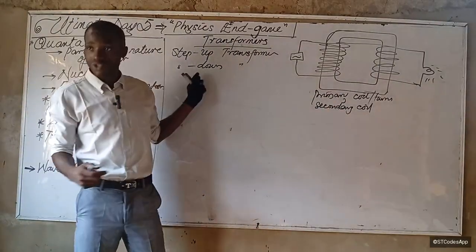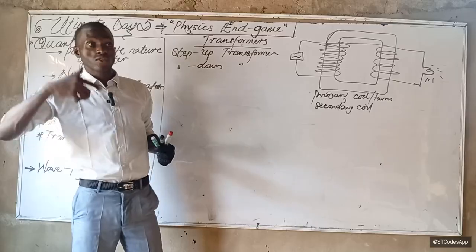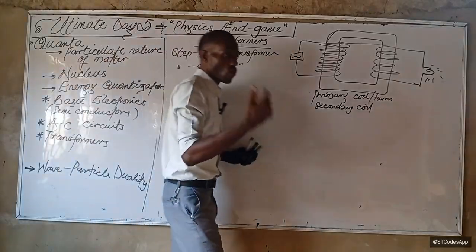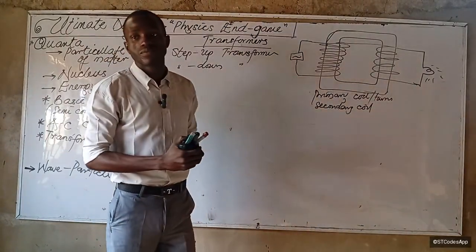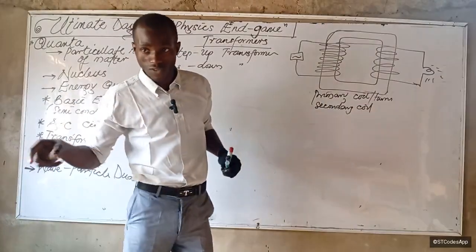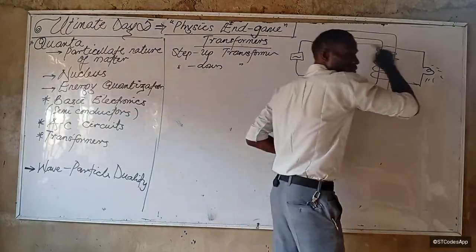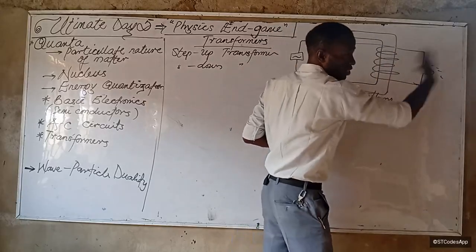While in a step-down transformer, the number of turns of coil in the primary will be more than the number of turns of coil in the secondary. So this one I drew now is what kind of transformer? The step-down transformer, because the number of turns here is more than the number of turns on the other end that's going to the load.